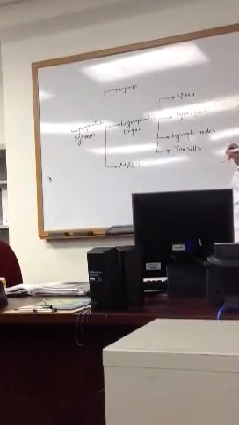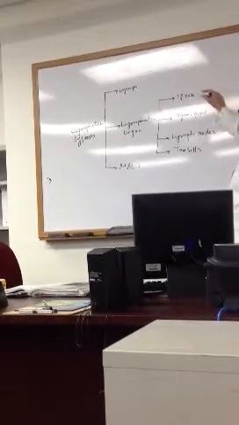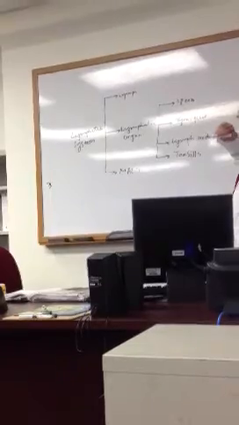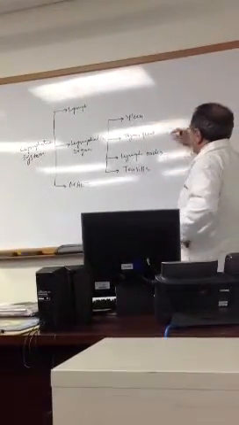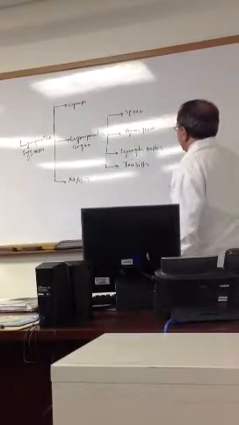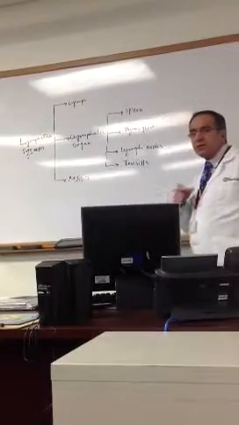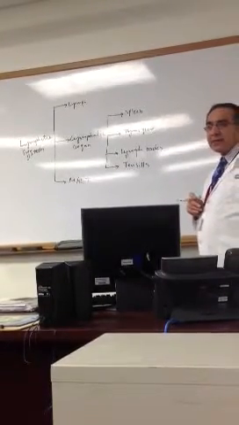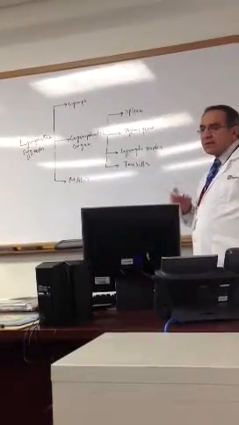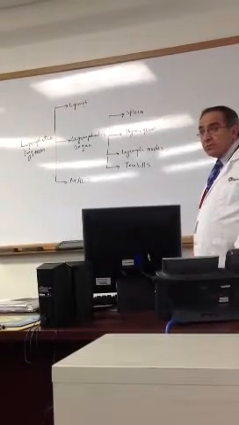Now, the spleen is located in the left upper abdominal quadrant, the thymus gland inside the mediastinum. The lymph nodes are distributed all over the body, and they are clustered especially at the area of the groin or inguinal region.